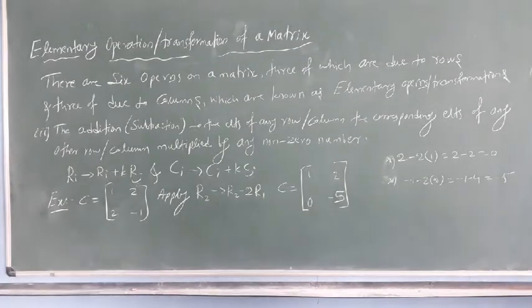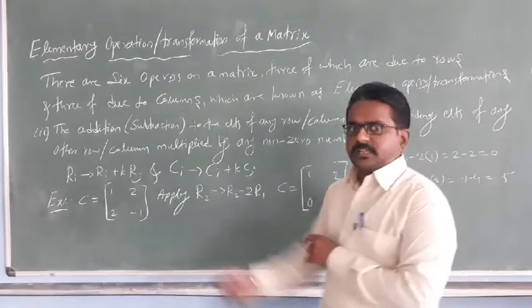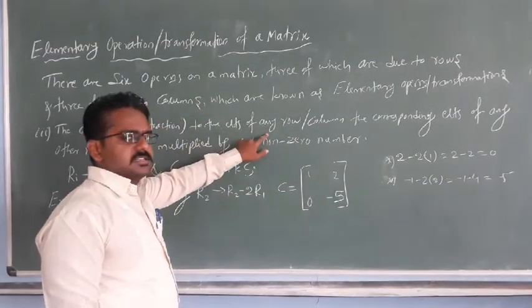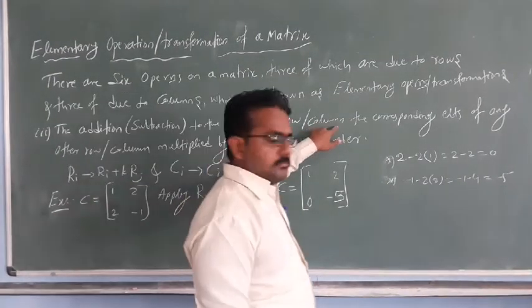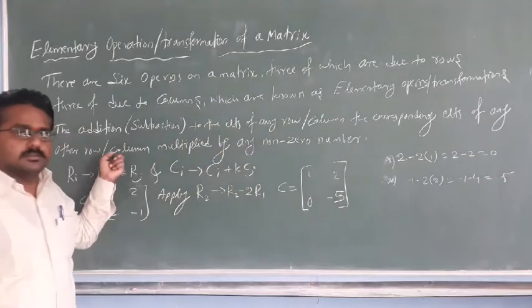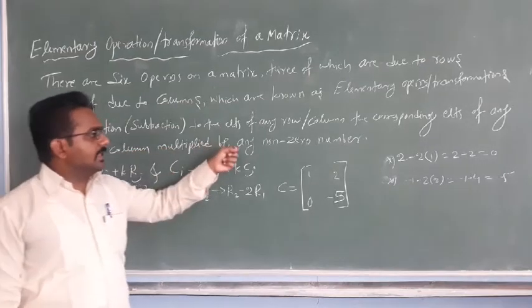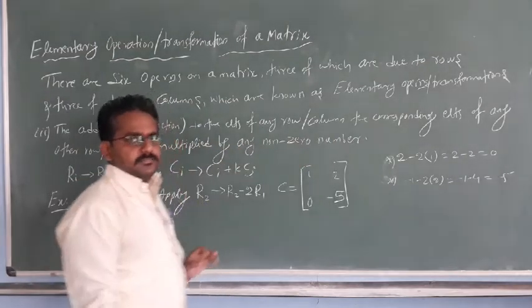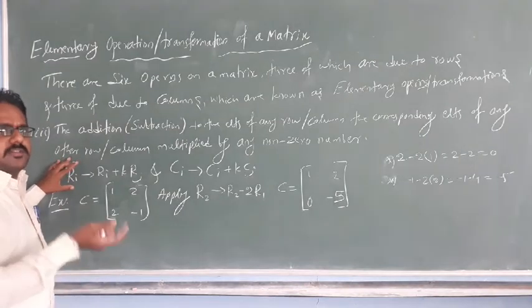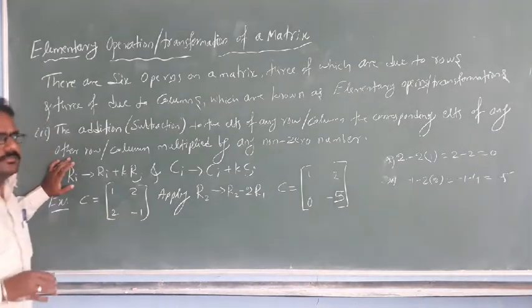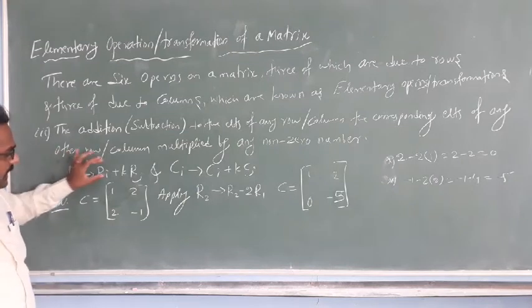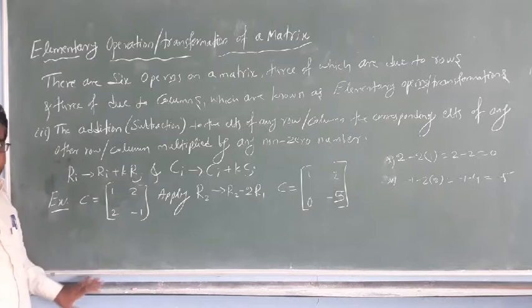The third condition, students, is the addition or subtraction to the elements of any row or column of the corresponding elements of any other row or column multiplied by a non-zero number. That is, I have rows R1, R2, R3, R4, whatever rows in the given matrix. I change Ri like this: Ri plus k into Rj.